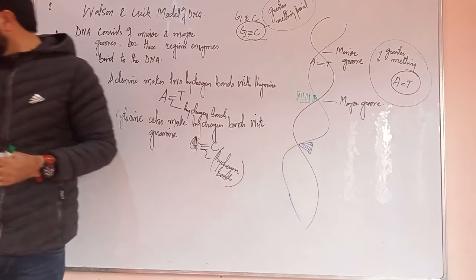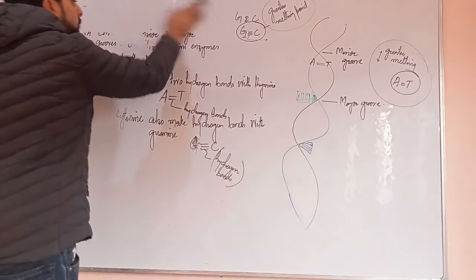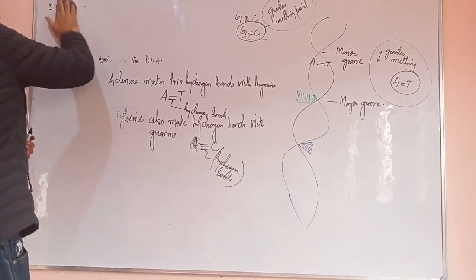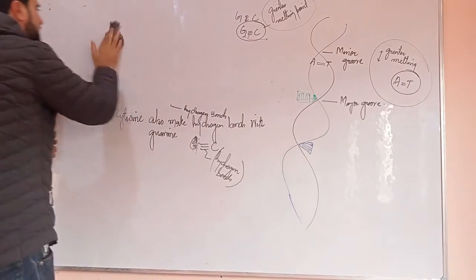Now one more important thing: we have studied different types of DNA. Mainly we have six types of DNA.